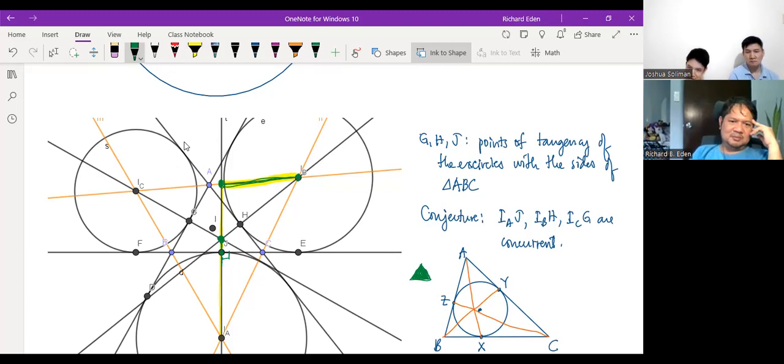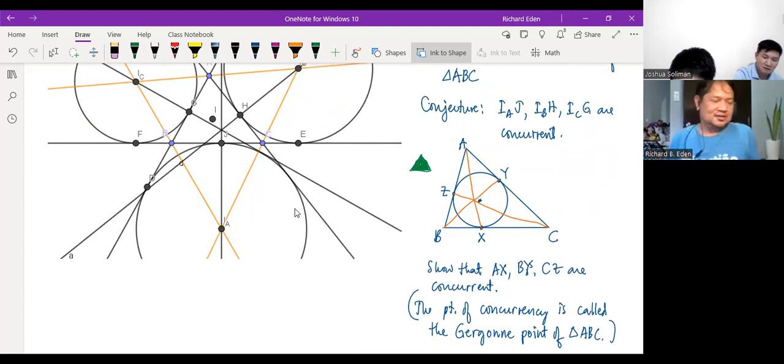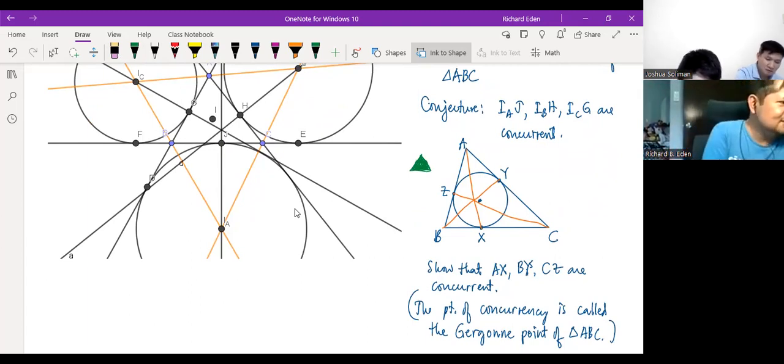So this is perpendicular to that. I will prove my conjecture. Yeah. Please do that. I'd be interested to see. This is also something that is not in my mind. So, tignan natin.